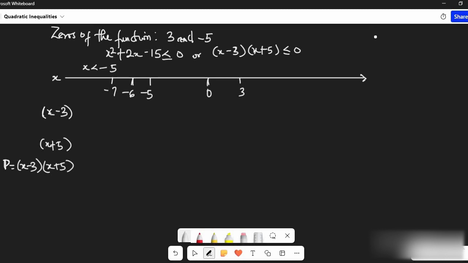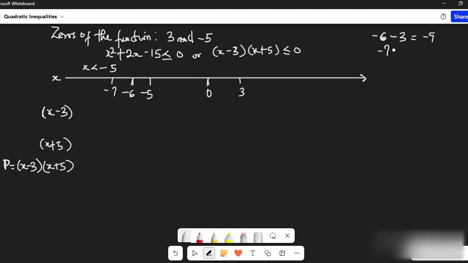For example, if we say x is -6, and we put -6 in one of the factors x minus 3, you see that -6 minus 3 gives -9, right? Which is a negative number.